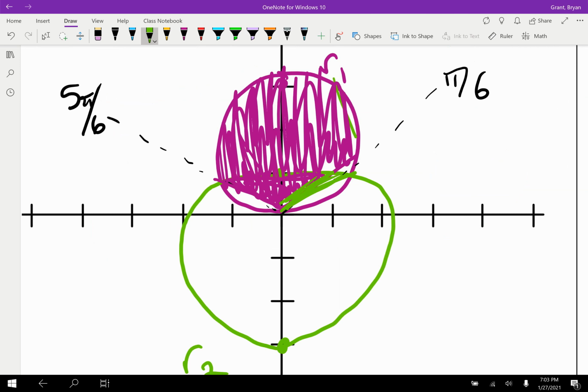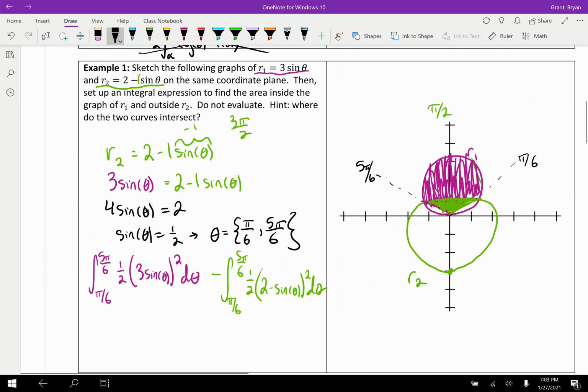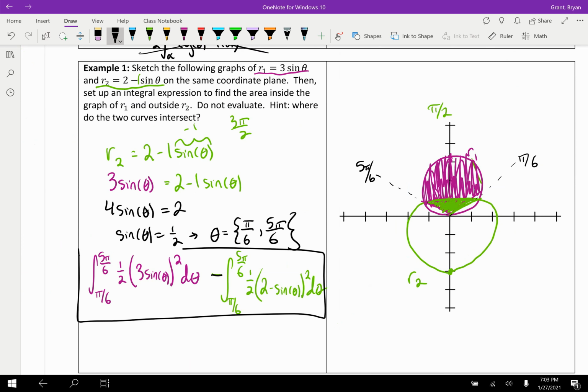And it's just going to be below, right? It's always going to be within that border. And of course, that's much too small. However, that's the overlapping piece, and so to find the actual value, we subtract the two. They did tell us to not evaluate. I think you'd have quite some trouble evaluating this. And that's about all there is to it.